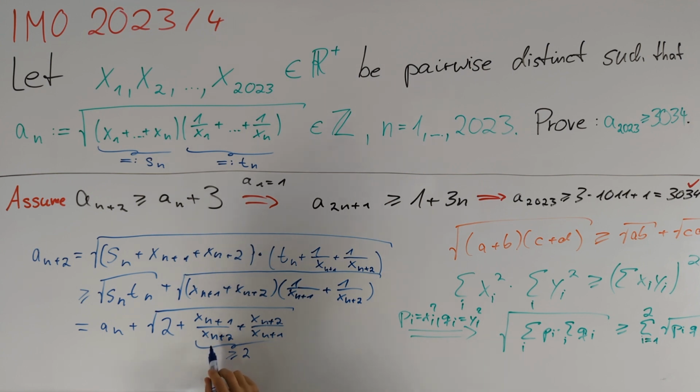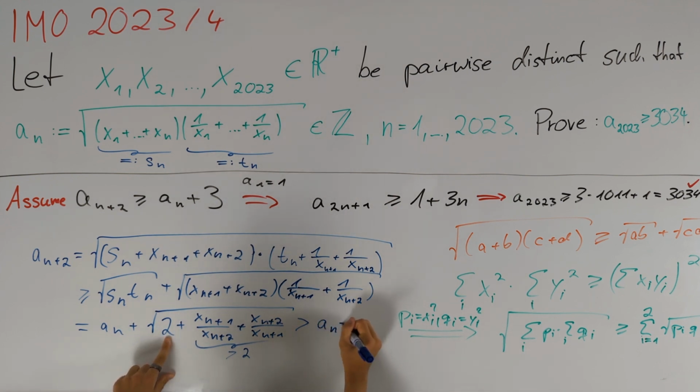Because the xi are distinct, these two fractions are also not equal, and therefore we can't be in the equality case of our AM-GM inequality. Therefore, this is greater than 2, and therefore all of this is strictly larger than a_n plus the square root of 2 plus 2, which equals a_n plus 2.